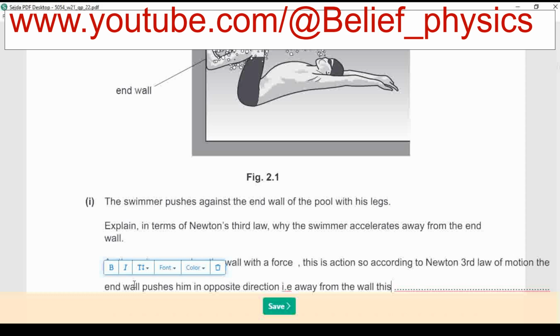This is the net force acting on the swimmer.